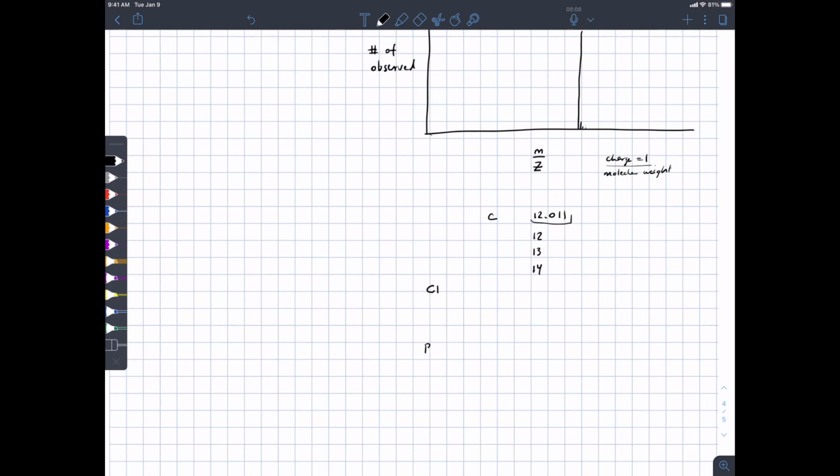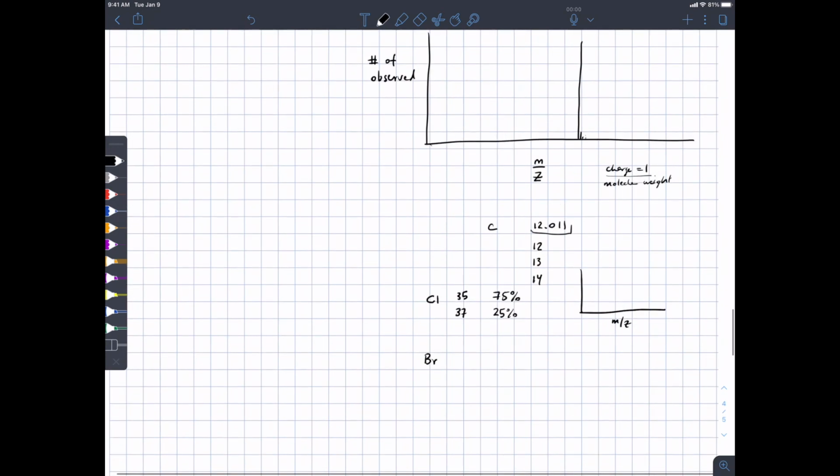and molecules containing bromine. So chlorine comes in two isotopic flavors, chlorine 35 and chlorine 37. Both are stable. 75% of the chlorine in our world is chlorine 35. The other 25% is chlorine 37. So if you have a molecule that has chlorine in it, suppose it were, let's try to make this easy on my brain, CH3Cl.